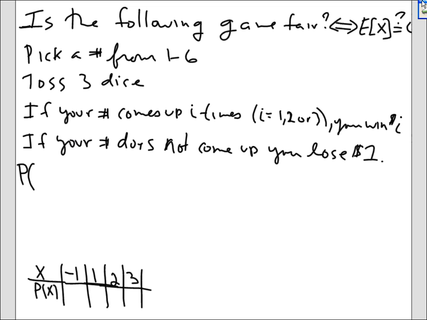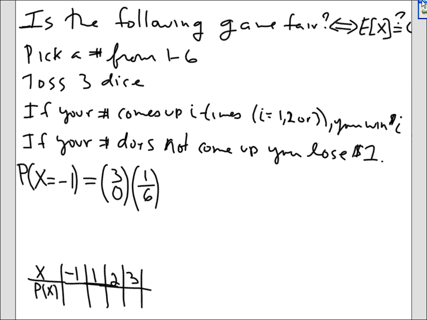Now, what is the probability that x is -1? That is, what is the probability that your number did not come up? We're tossing 3 dice. We want none of them to be your number. The probability that it is your number is 1/6. If you pick number 4 for argument's sake, the probability it comes up on each die is 1/6.